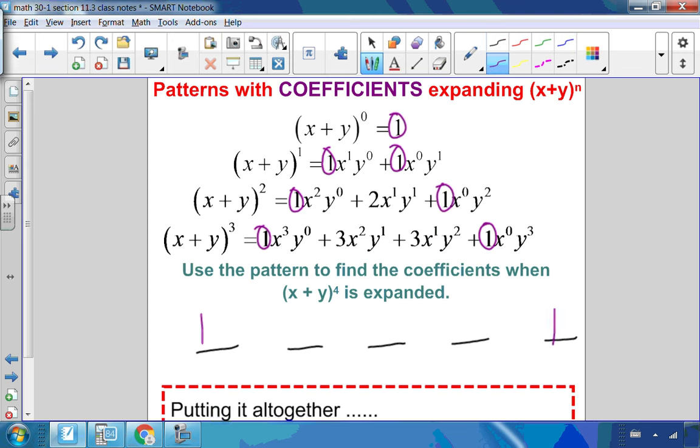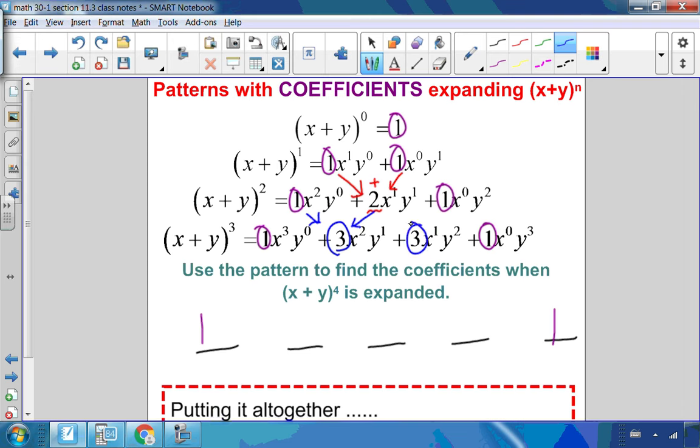Now, let's look at what's going on here for the other ones. So where is this 2 coming from? If you look above, what did I do with my coefficients to get a 2? Well, I can see here that 1 and 1, if I add those together, I get 2. Okay, let's look at the next row. 3. Look above, where did the 3 come from? 1 and 2 is 3.